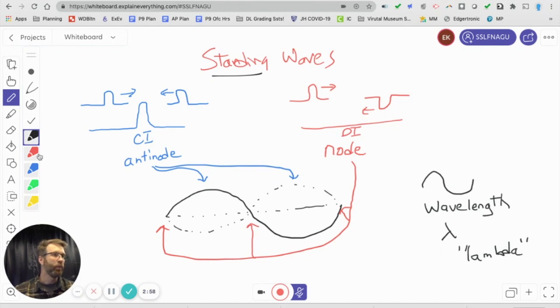And again, the point is that anytime we have, just like in harmonic motion, a complete cycle with the medium moving to one side and back to the middle and to the other side and back, we call that one wavelength. So these two ideas are going to set you up for what we're going to look at today.